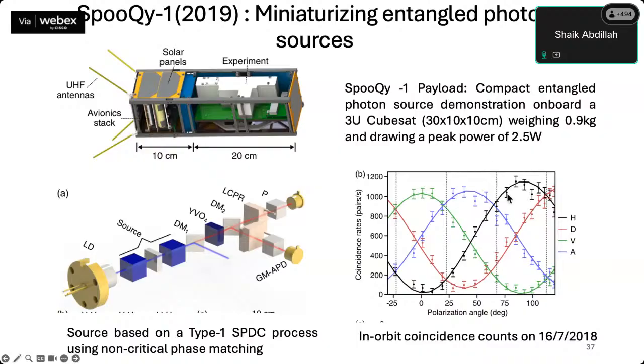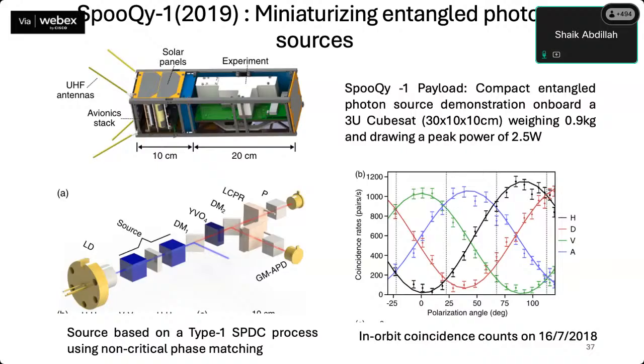So the benefit of this is that it is very temperature insensitive, and because we don't use periodically poled PPKTP, you can manufacture the BBO crystals to be larger, and so they have a larger aperture. So the alignment is much less sensitive compared to a PPKTP crystal. So this paved the way to build miniature photon sources on a CubeSat platform.